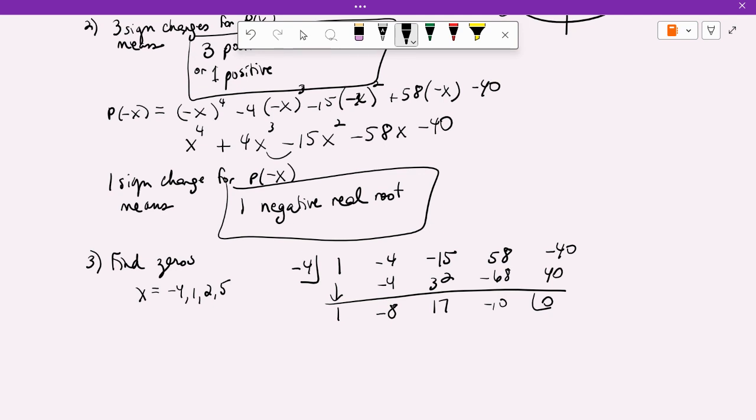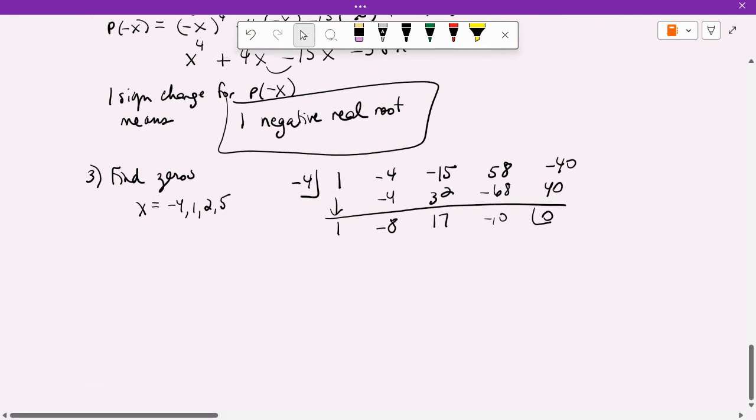Yes, because the factor theorem says that if you get 0 as a remainder, then x plus 4 is a factor, right? And if x plus 4 is a factor, then that means -4 is a zero. Okay, and what else do we know? We know that 1 is a zero, so look what I'm going to do. I'm going to divide by x minus 1.